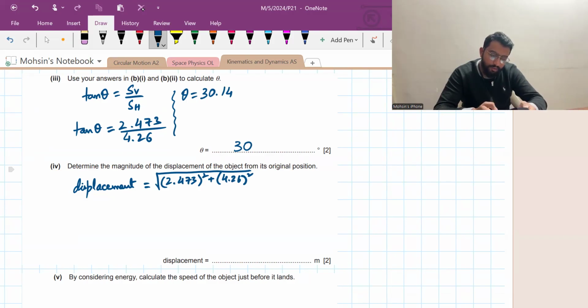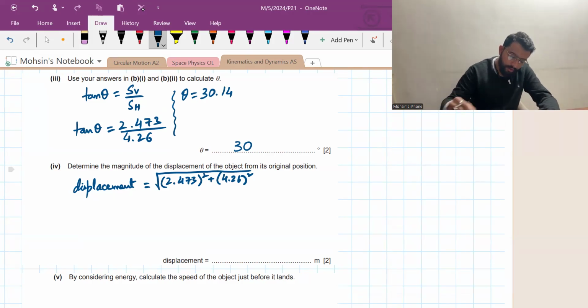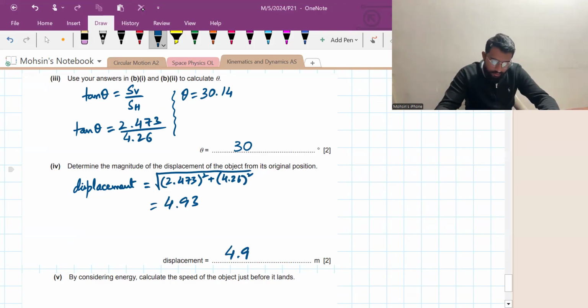I'm getting 4.93, which means my answer should be 4.9. This question is very easy.